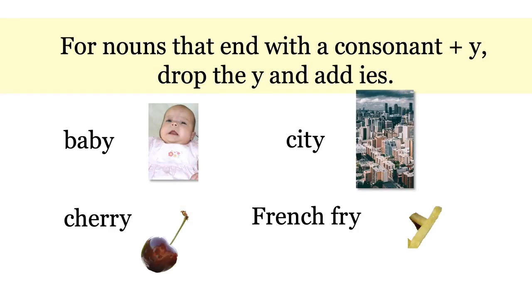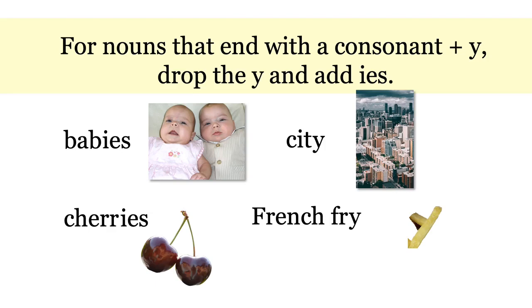And for nouns that end with a consonant and Y, drop the Y and add IES. Baby ends with BY, so we drop the Y and add IES to get 2 babies. The noun cherry ends with RY, so we drop the Y and add IES to get the plural cherries.